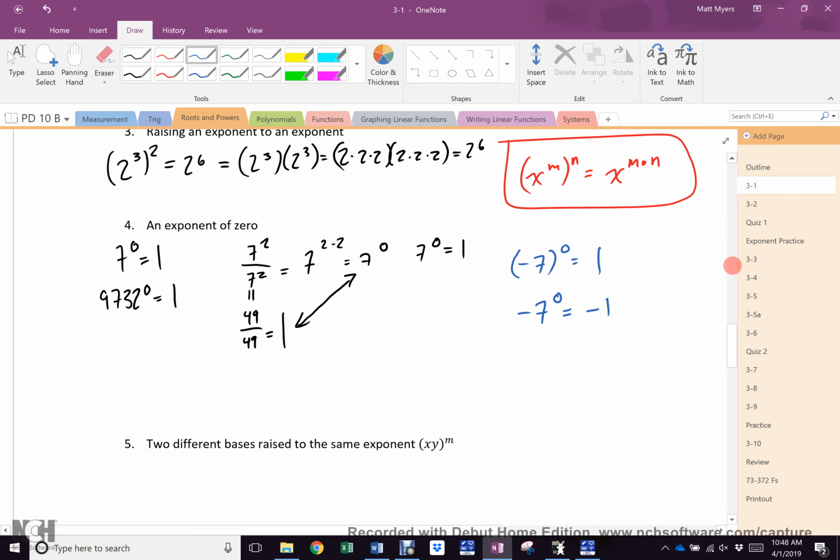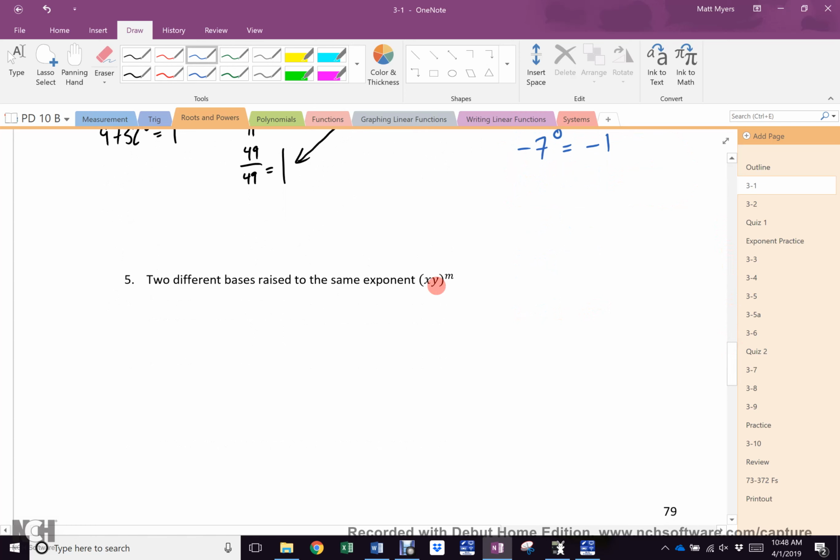Is your next one 5? Okay. Now you'll notice in this one, I can't do it with just numbers, right? It's impossible. So I've got to go straight to the letters. But you're intelligent young people. If I had x squared times y squared, I would get x squared y squared, right?